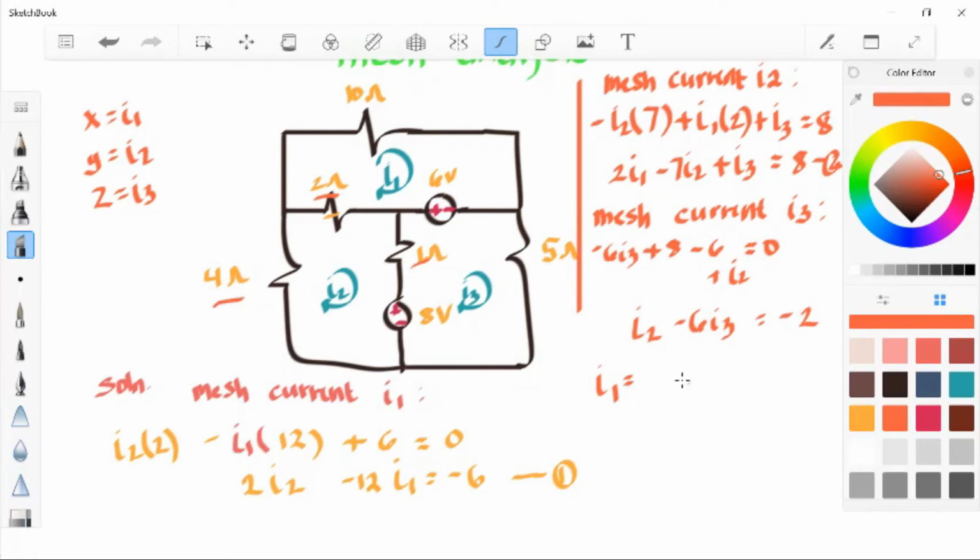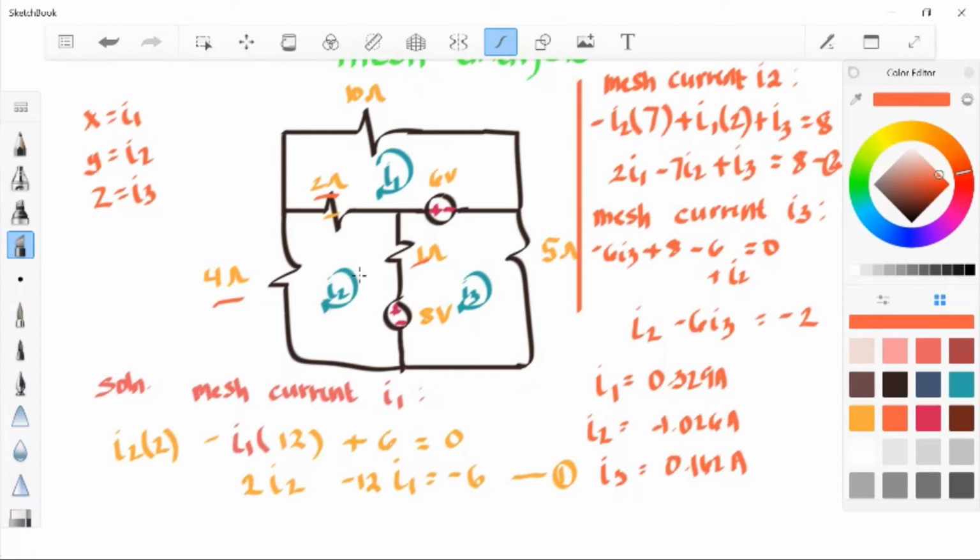I1 is equal to 0.329 amps. I2 is equal to negative 1.026 amps. And I3 is equal to 0.162 amp.